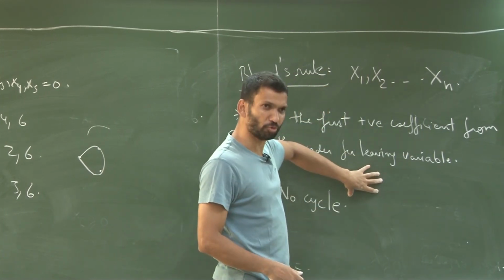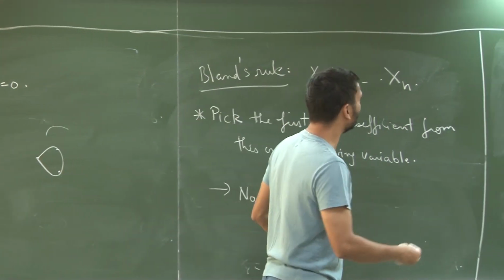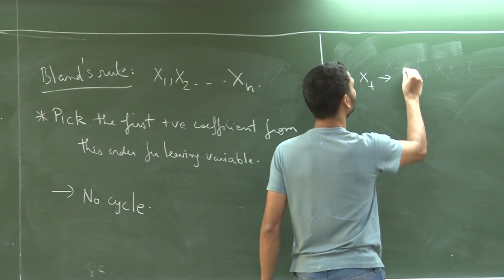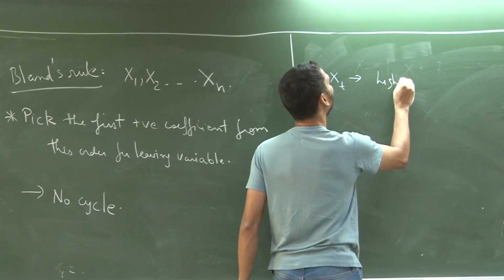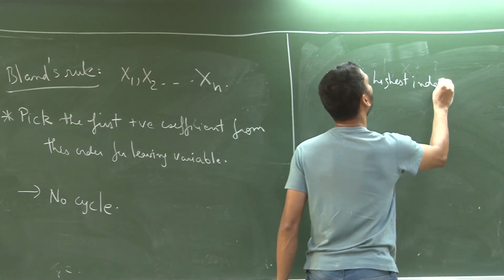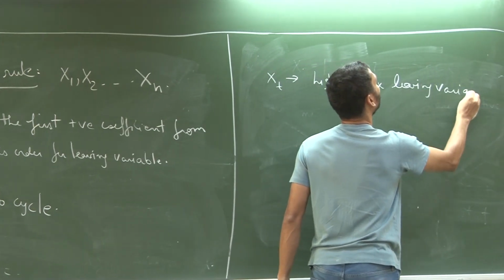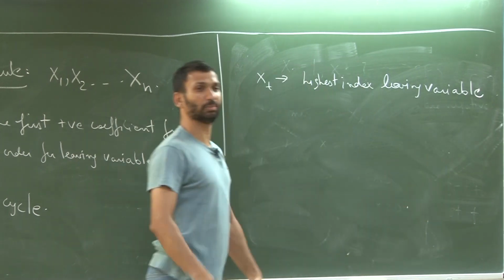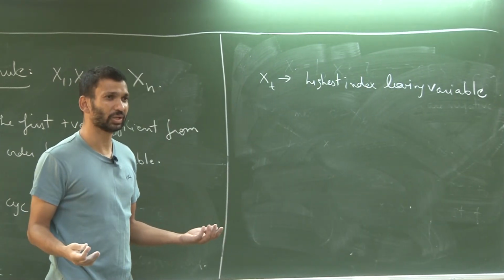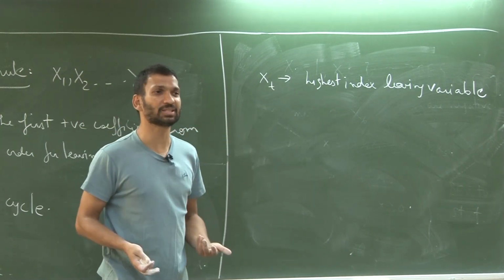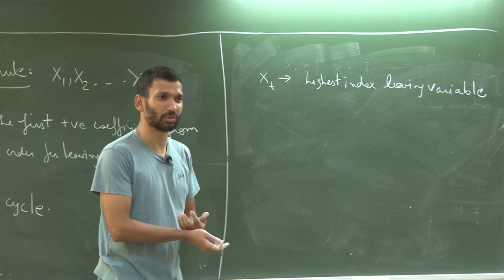If you look at the proof of this, it will start by saying, let's say xt is the highest index variable leaving in your cycle. But how does it matter? xt is the highest index leaving variable, that means it's the highest index entering variable also.